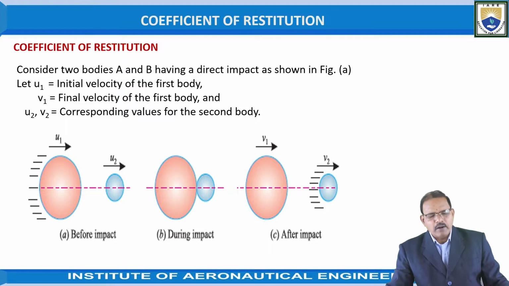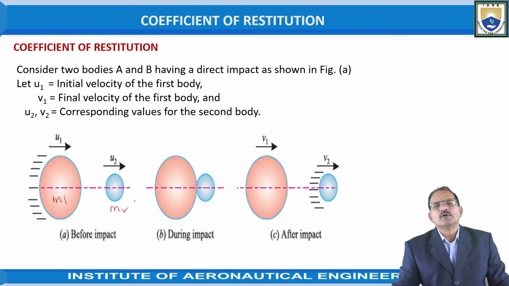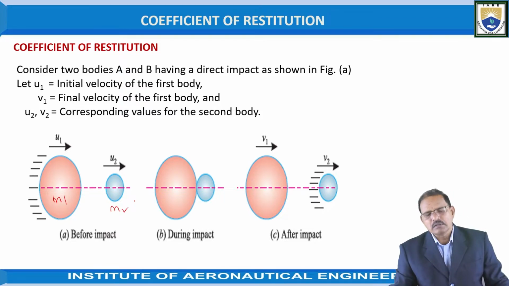Here, considering the two bodies M1 and M2, both are moving in a linear direction as shown in the figure, and U1 and U2 represent the initial velocities of the two bodies before the impact.